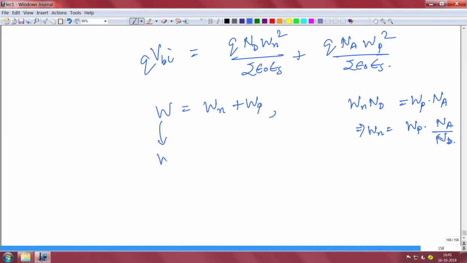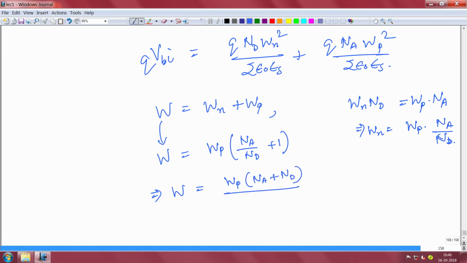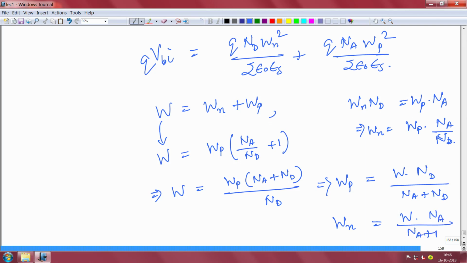From here, the total depletion width W is equal to Wp Na by Nd plus 1, so W is equal to Wp (Na plus Nd) by Nd. So I can say Wp is equal to W, the total depletion width, into Nd by (Na plus Nd). Similarly, Wn is equal to W into Na by (Na plus Nd).